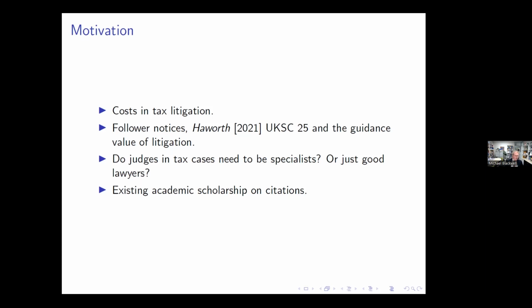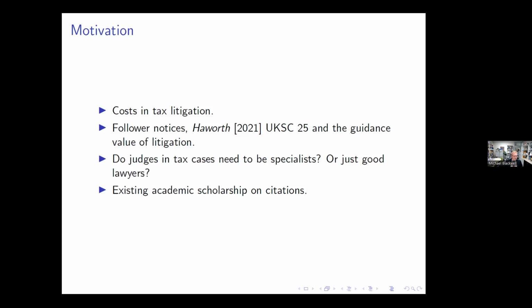Another policy issue we have in the UK is whether or not tax judges should be specialists. Recently, when we've been recruiting first instance tax judges in the UK, especially the fee-paid ones, the ones who are not full-time, it's been part of a general competition, and people have just been assigned to the tax chamber, some of whom don't have much tax experience, if any.